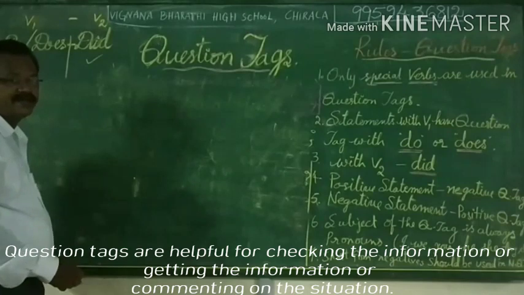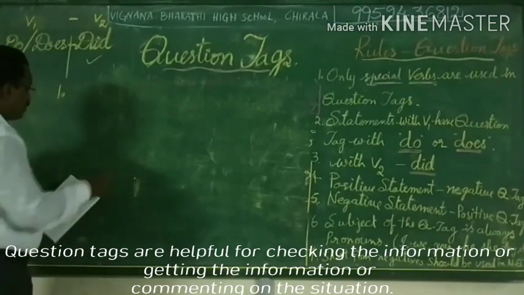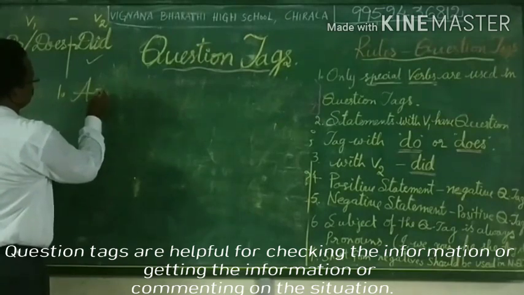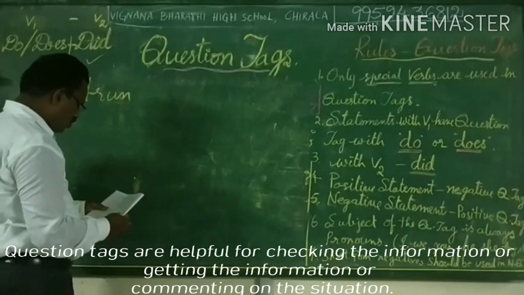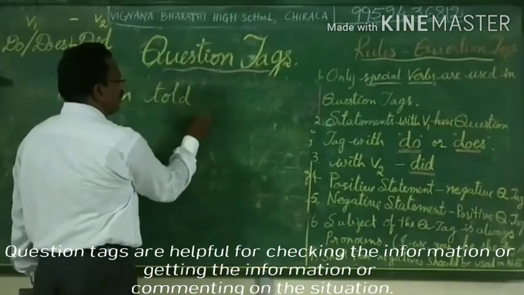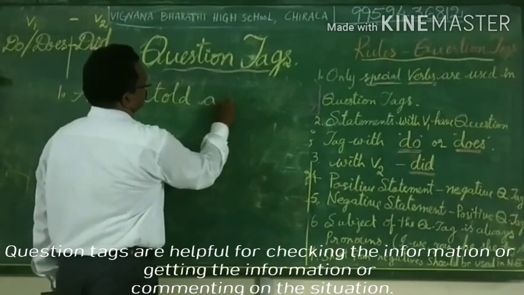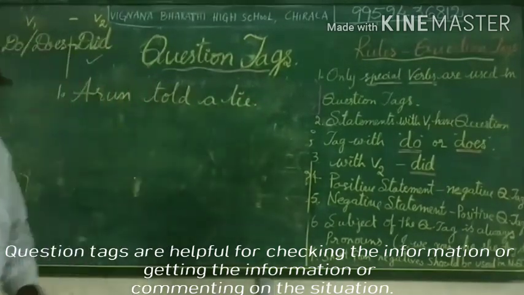Now classroom practice for 3 examples. That is, the first one: Arun told a lie.